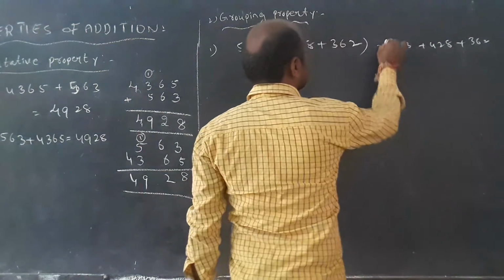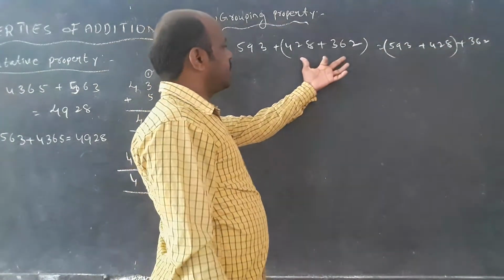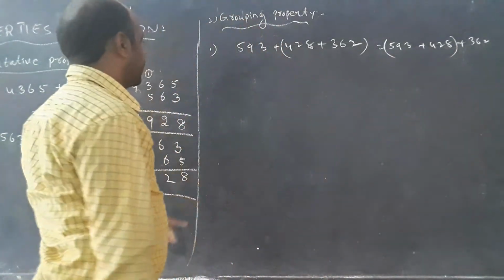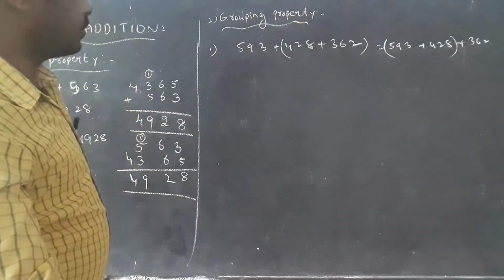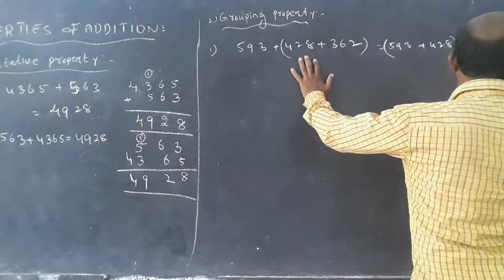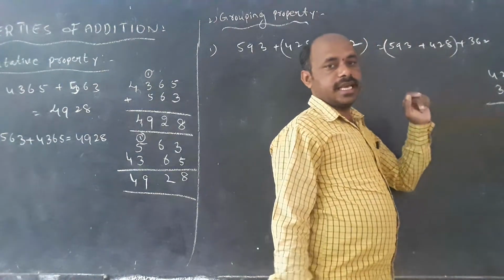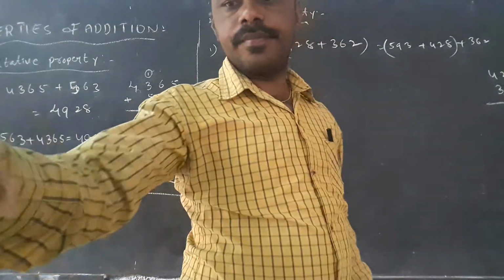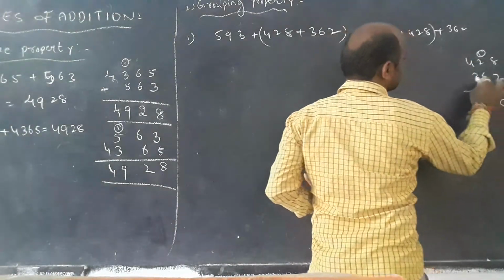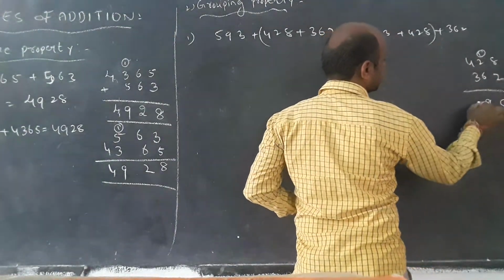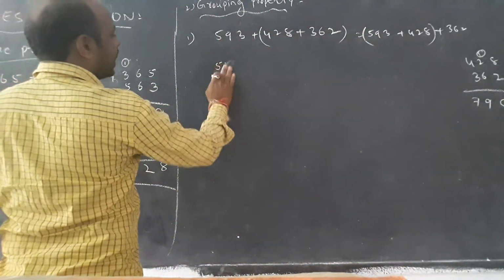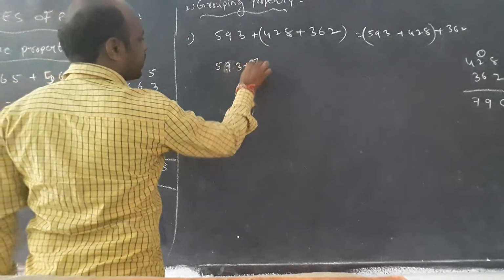In the second, we add the last two numbers first. 428, 362: 8 plus 2 is 10, so 0. 6 plus 2 is 8, 8 plus 1 is 9. 4 plus 3 is 7. We got 790. You can write 593 plus 790.